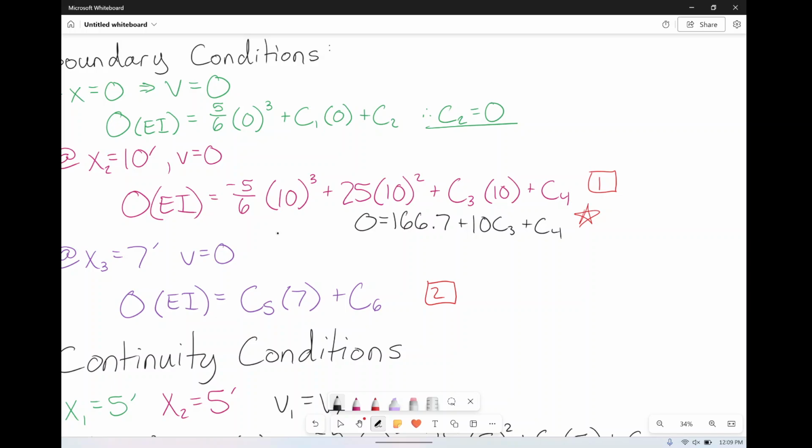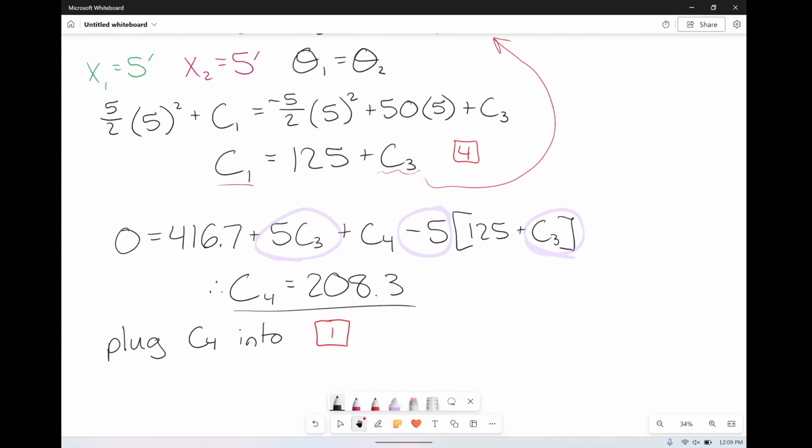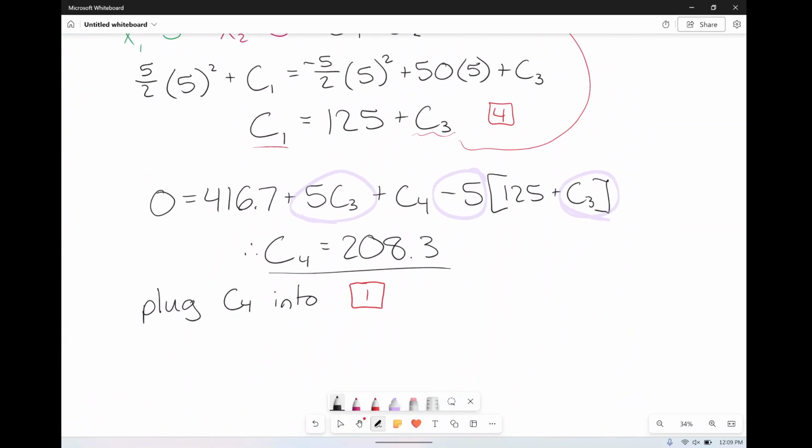That's the simplified equation. So when I plug in C4, I have 166.7 plus 10C3 plus our C4, which is 208.3, equal to 0.